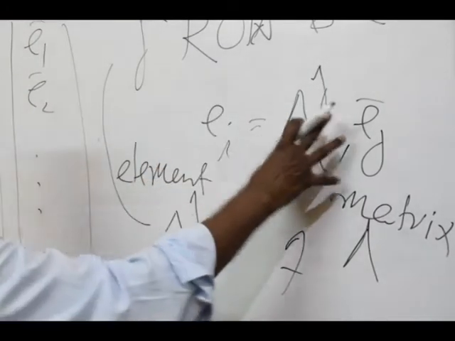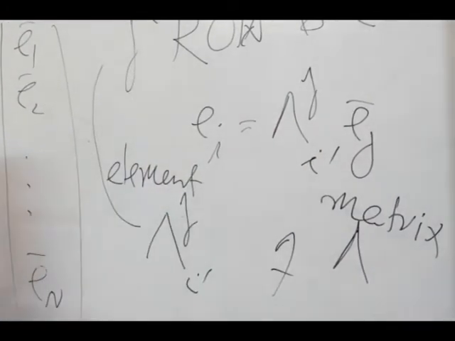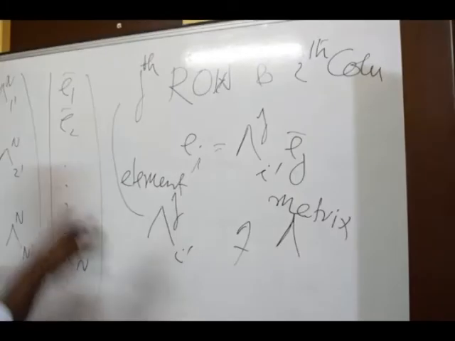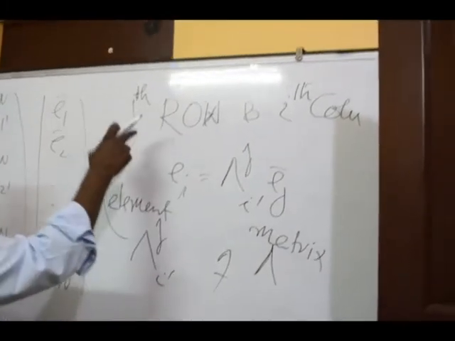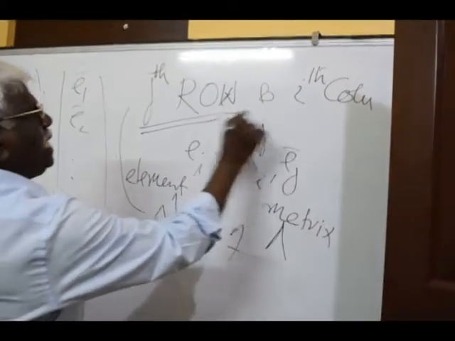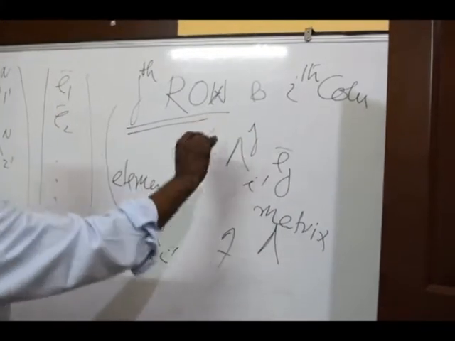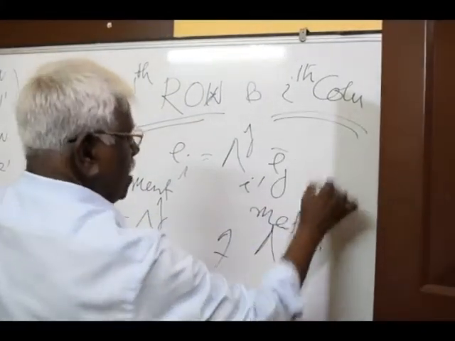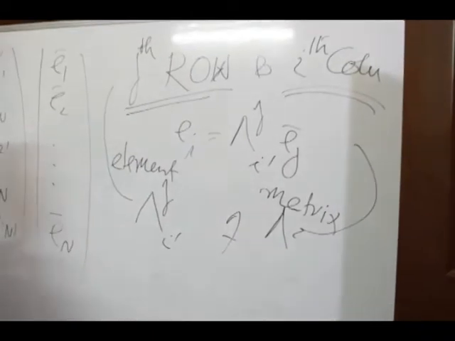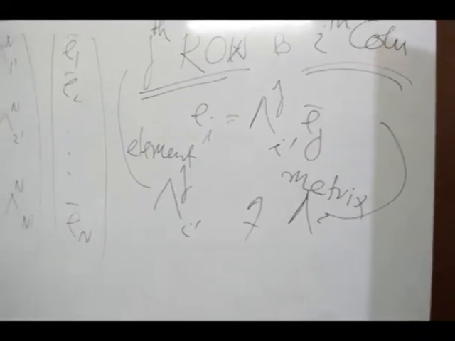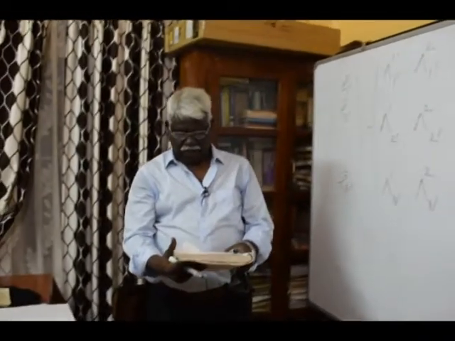This lambda_i'^j can be regarded as the element of the jth row and ith column of the lambda matrix.